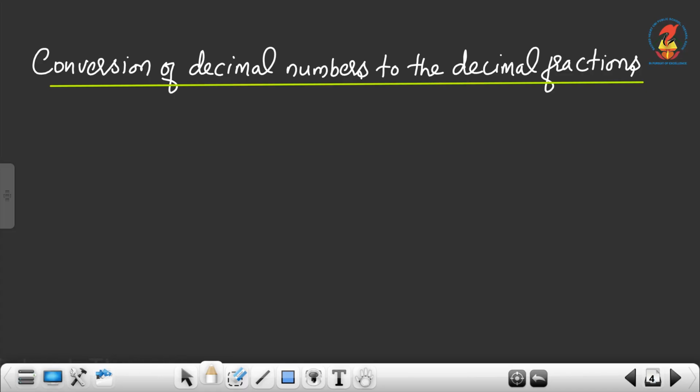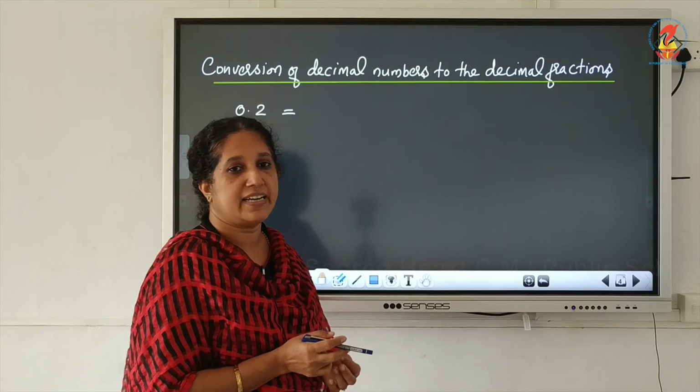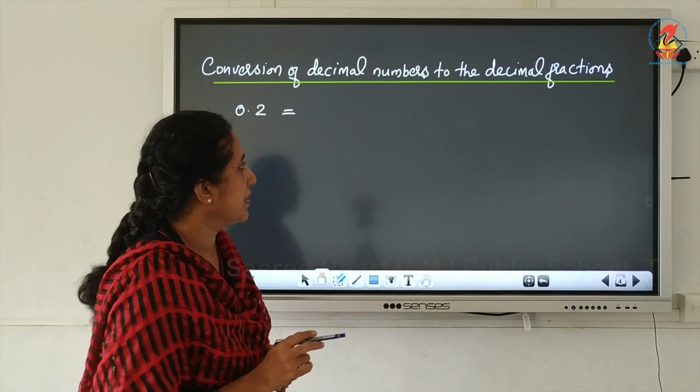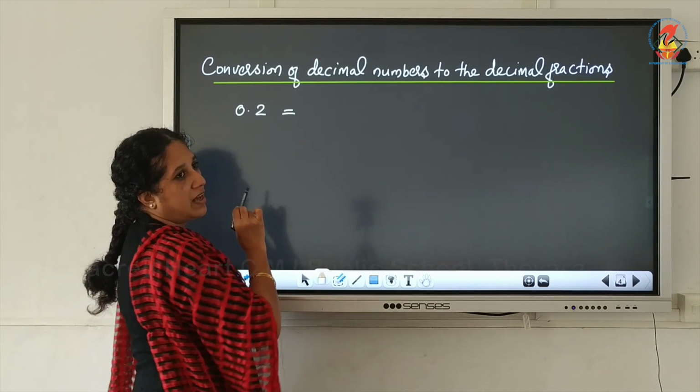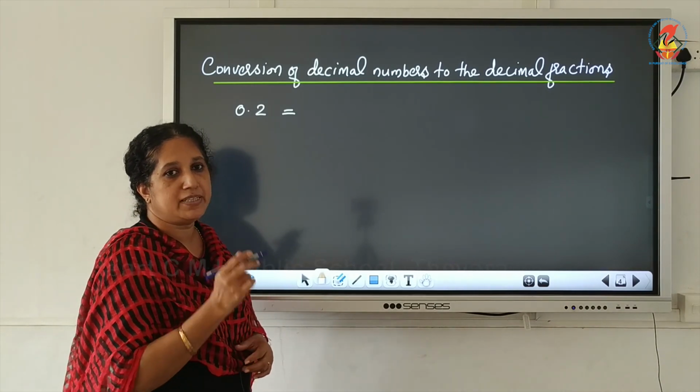Now the decimal numbers are given, and we have to write them in the form of decimal fractions. Next, 0.2. 0.2 is the decimal form. You have to write it in the form of a decimal fraction. Decimal fraction means the denominator is either 10, 100 or 1000, etc. So look at that. After the decimal point, how many digits are there?